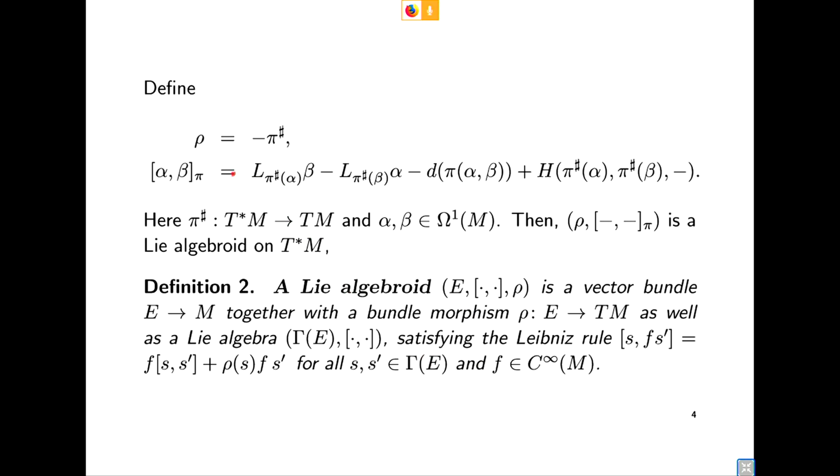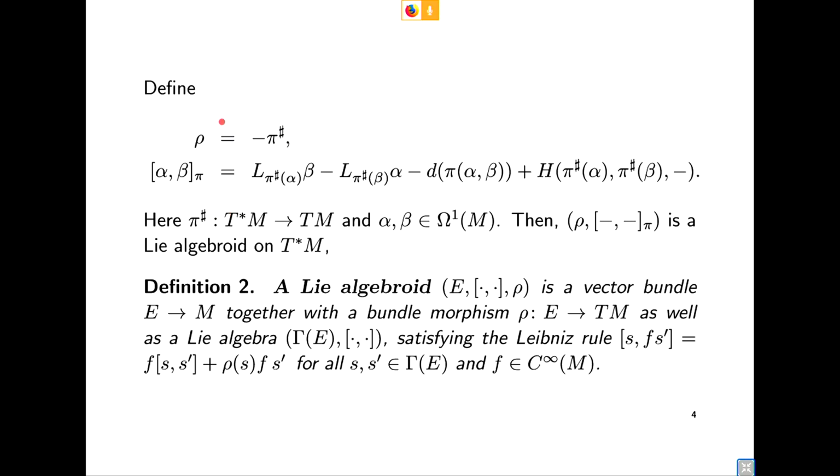So in our case, we define the anchor map like this, where π sharp is the map from the cotangent bundle to the tangent bundle induced from the bivector, and the bracket on the space of one-forms is defined as follows, which is a kind of generalization of the Koszul bracket.